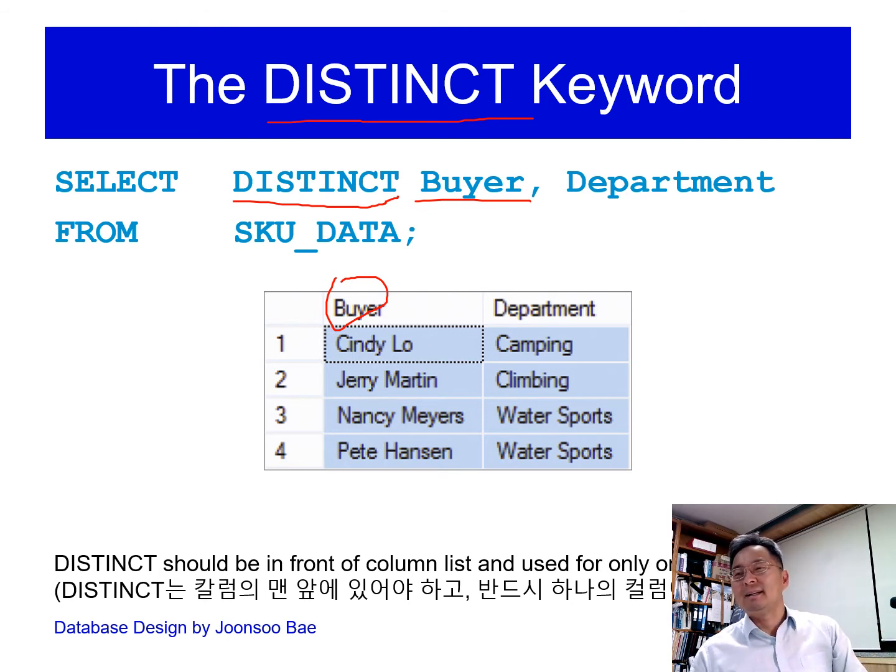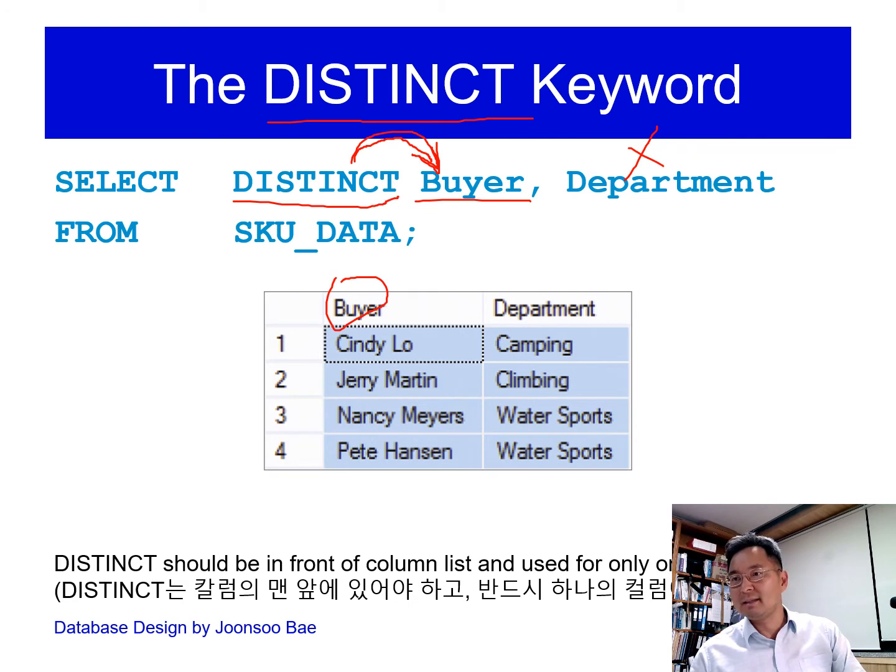But you must be careful that this distinct will apply only to the buyer column, the first column. The distinct must be placed before all columns, and it applies to the first column. So that is the syntax of this distinct. This distinct does not apply to department.